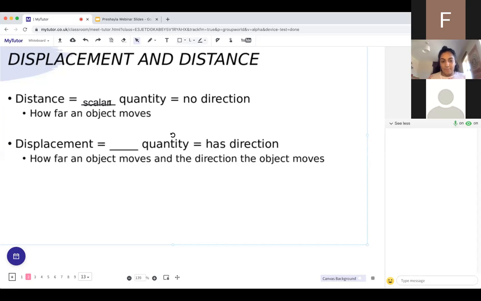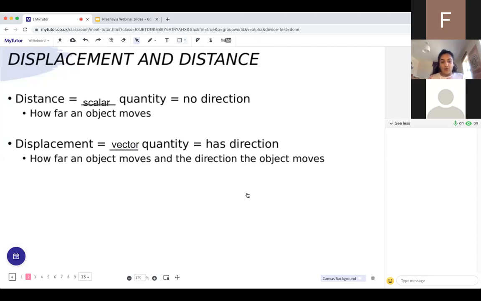Now displacement, as you guys said, is a vector quantity. Now a vector quantity does have direction, so it's the opposite of a scalar quantity. So displacement is the vector version of distance. It has direction, we know what way it went in, as well as knowing how far it went. So for example, a distance would be 6 meters and that's it.